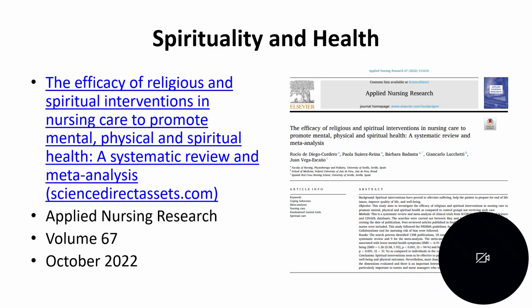The one that triggered my attention was written by Randolph Byrd back in the 1970s, a very good study. When it was published, it was lambasted because they didn't do this, they didn't do that, etc. It was based on people in a coronary care intensive care unit, and they divided the patients in the ICU beds into two groups. One group was prayed for by members of a Pentecostal church.